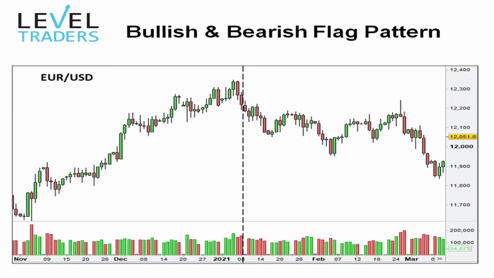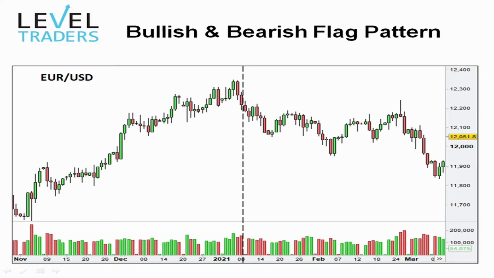Here I've got an example of the euro-dollar chart. This is a daily chart from November 2020 to March 2021. Now this chart is a great example of both bull and bear flag setups. What I've done is I've split the chart into two, and you'll see why in a minute. So let's go back to these three principles that I outlined for a flag pattern. So one, the preceding trend, two, the consolidation, and three, the breakout.